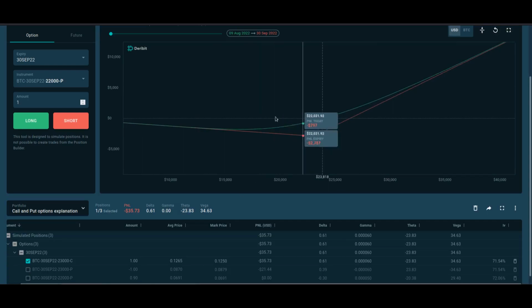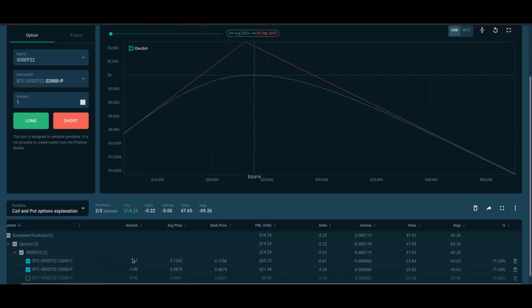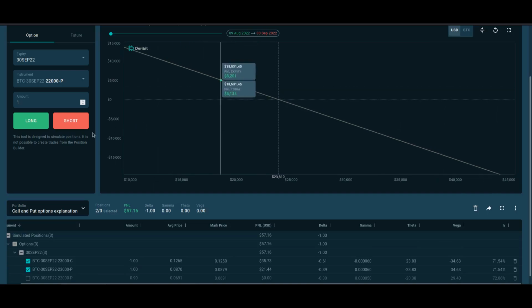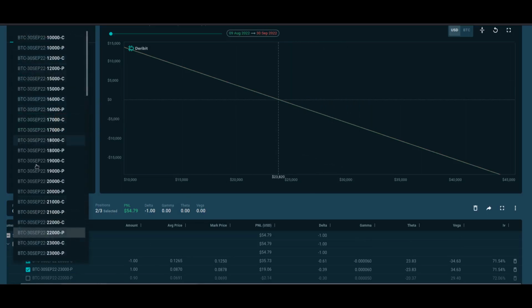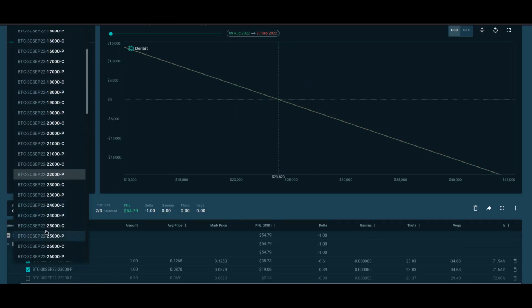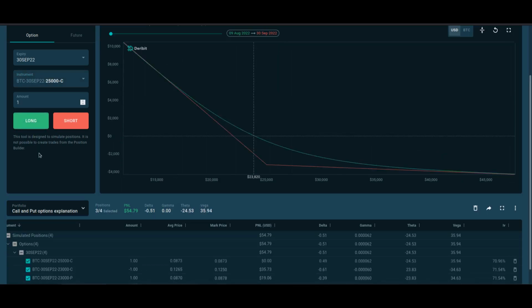So this is the logic of hedging a position, but let's take a look if we have a short position on our futures. Let's create synthetic futures. Okay, we have a short position with -1 delta, and we would like to hedge it, for example, after 25,000. So all we have to do is buy call at 25,000 with the same amount.